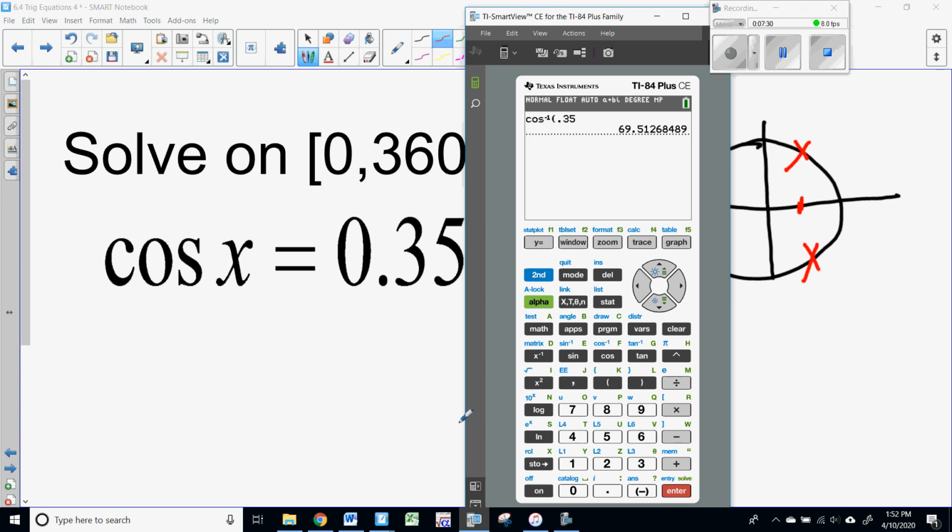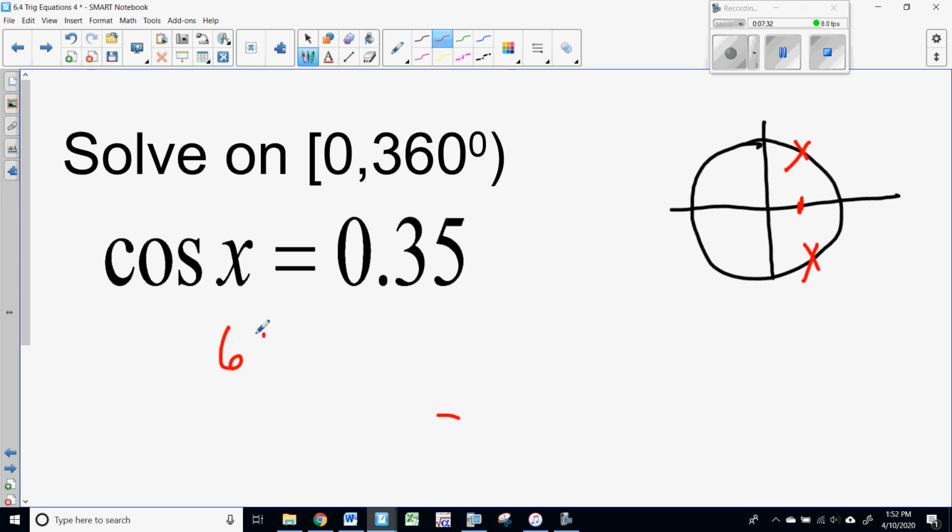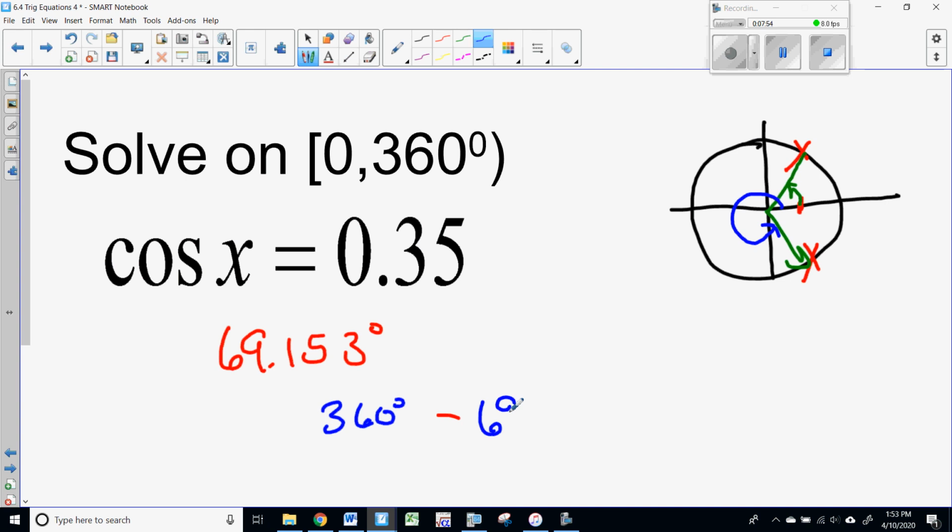And that first answer is 69.513. That is that answer. Now to find the second angle, and remember I'm 0 to 360, I am going to take 360 minus that angle, and that's going to give me my answer.